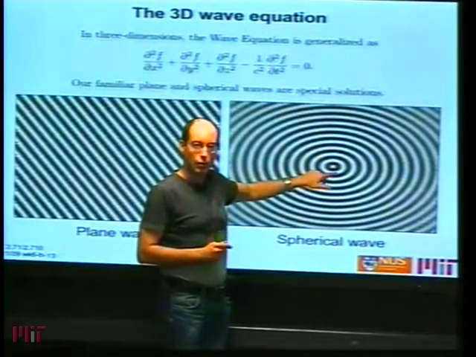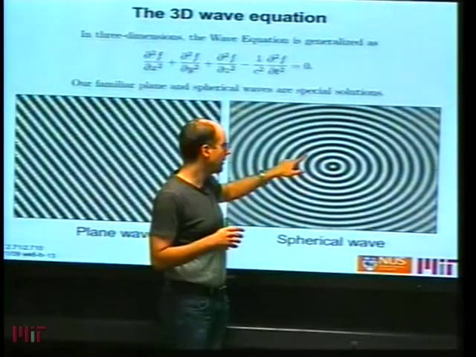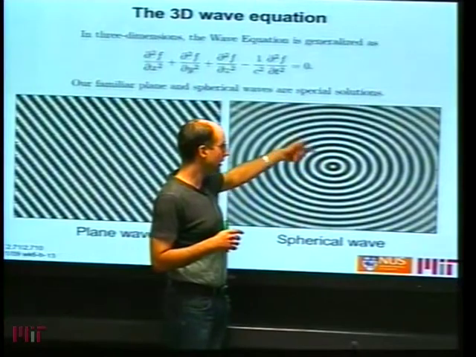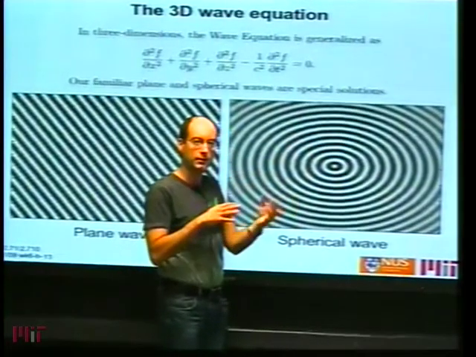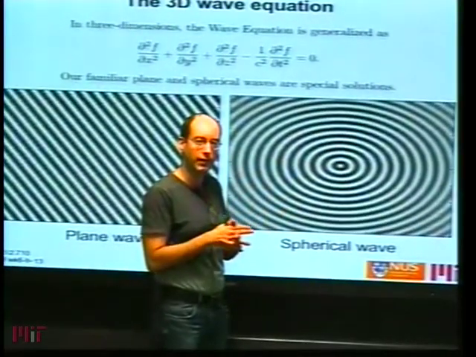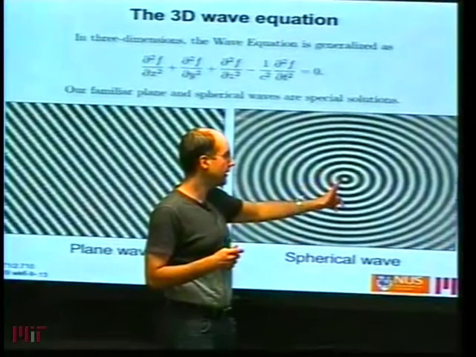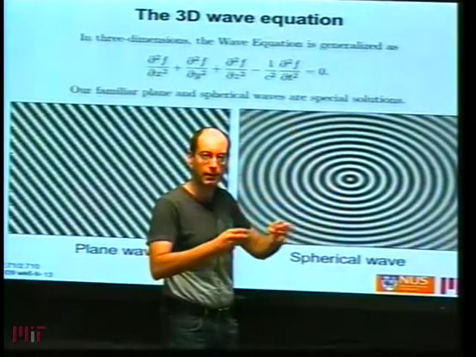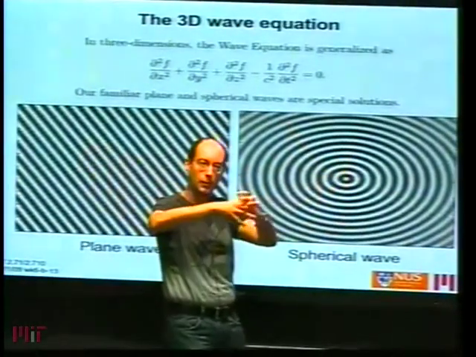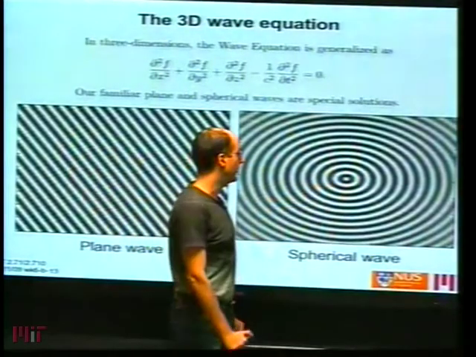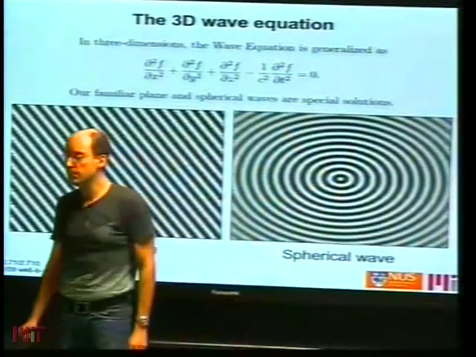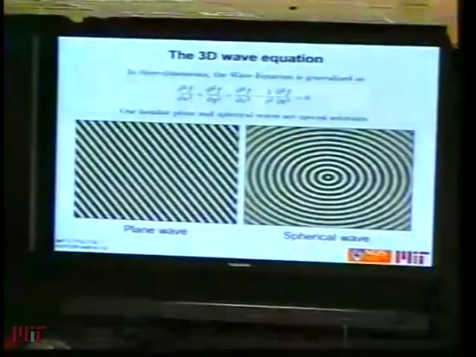So the cosine kr basically tells you that you have these alternating positive and negative valued spheres, and the minus omega t is the traveling aspect. It tells you that these spheres explode, they propagate outwards as a function of time. So this is the meaning of the kr minus omega t.